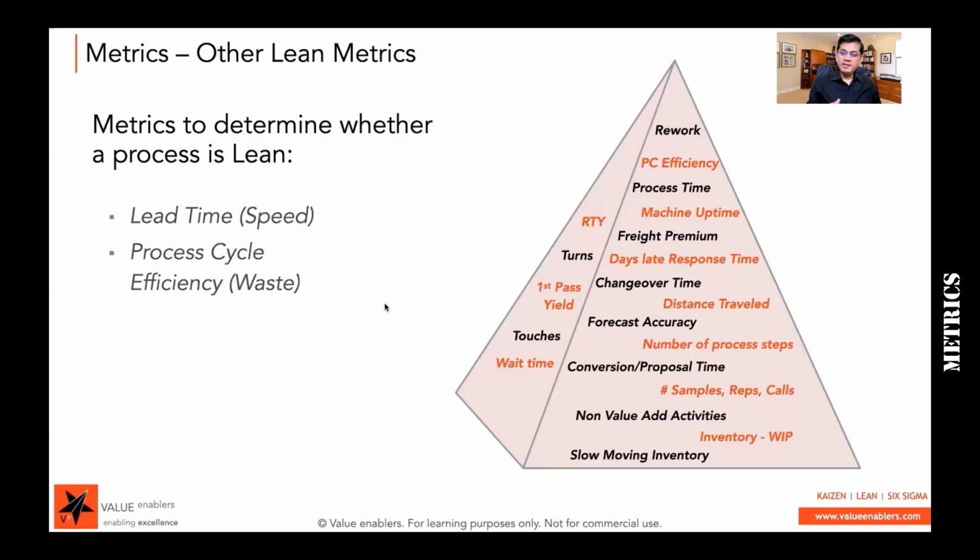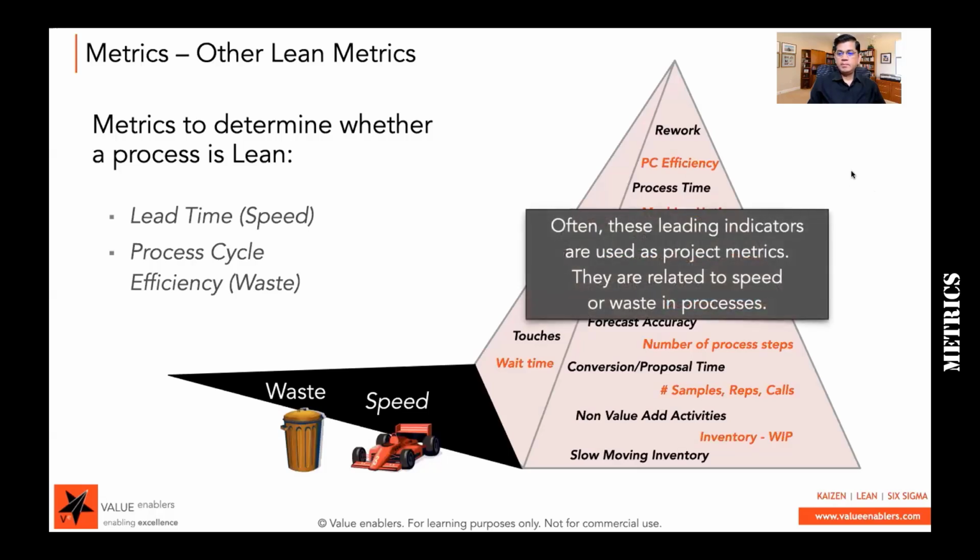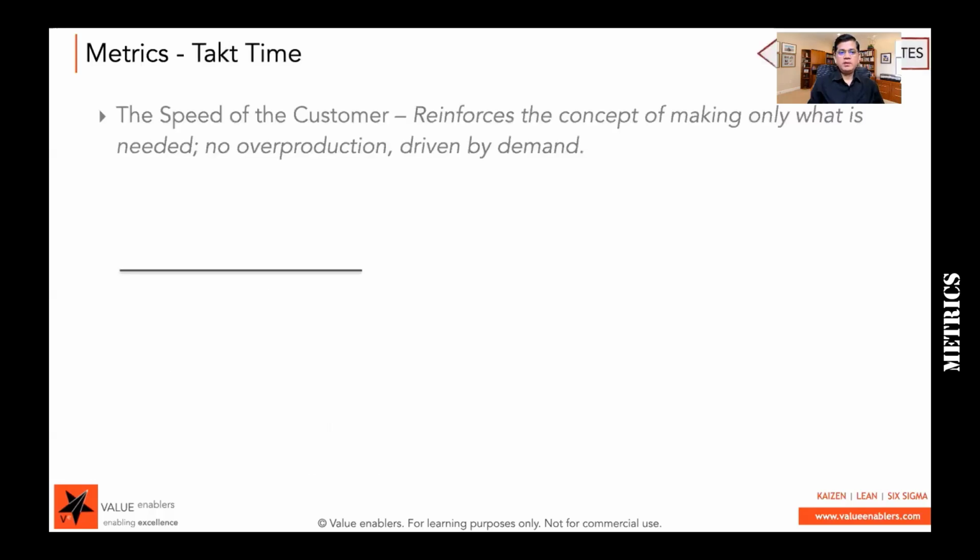Those are the speed breakers, right? All these are speed breakers. So waste versus speed. Often these leading indicators are used as project metrics and they are related to speed or waste in any process. If this is clear, please type clear.